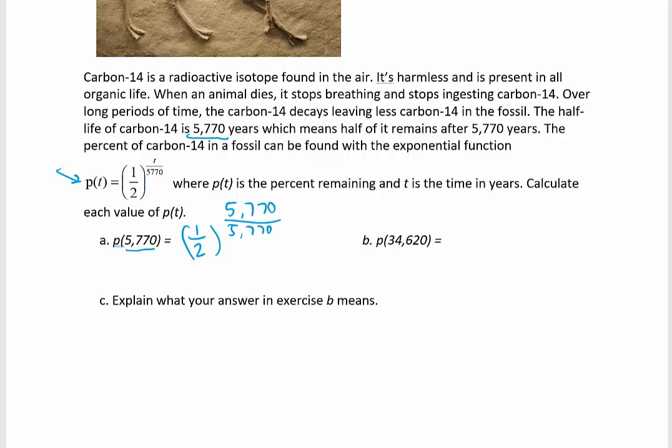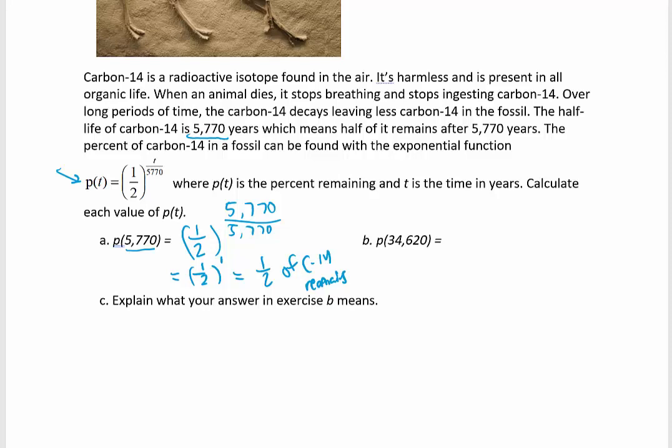Well, 5,770 divided by 5,770 is just 1. So really what we get here is 1/2 to the first power. Well, anything to the first power is just that thing. So half of the C14 remains.